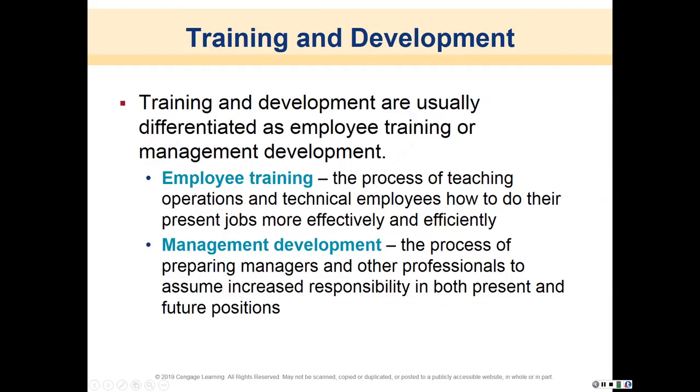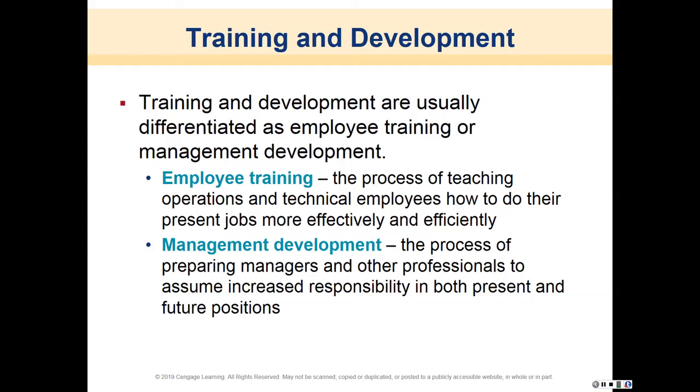All right, so then training and development, it breaks up kind of in two different categories. Employee training, so more of the blue collar, and management development, more of the white collar. Okay, so employee training tends to be more of hands-on, operational, like maybe we got a new machine, how do we work that machine?